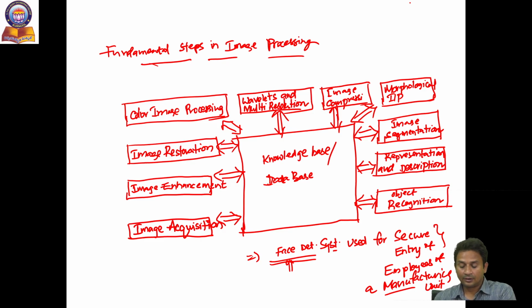If the application is to grade fruits in a manufacturing unit, the images will be pictures of the fruits coming on the industrial line and so on. So image acquisition actually acquires the image of the problem domain at hand.